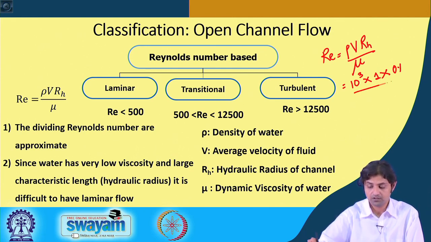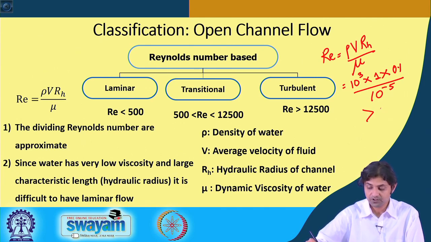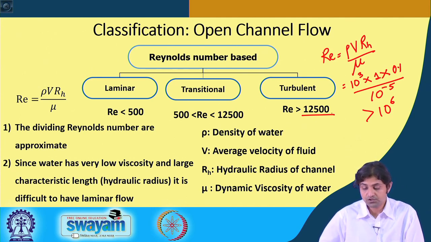Mu is of the order of 10 to the power minus 5 Pascal second; it varies from 10 to the power minus 3 to 10 to the power minus 5. In any case, this is much greater than 10 to the power 6, and the 12,500 limit is of the order of 10 to the power 4.